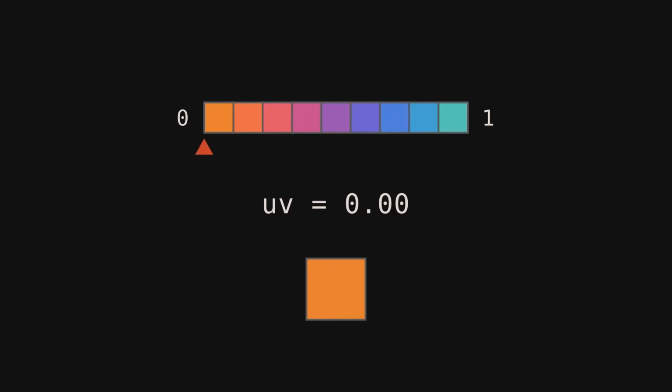We can then feed this texture sampler a number between 0 and 1, which is also known as UV or UV coordinate, and it will give us a color at that point already interpolated, meaning it's already mixed. So if we're in between two colors, the color that we get is already a mix between those two colors.